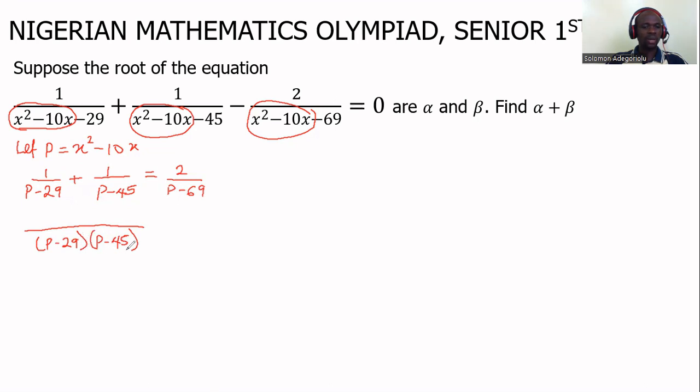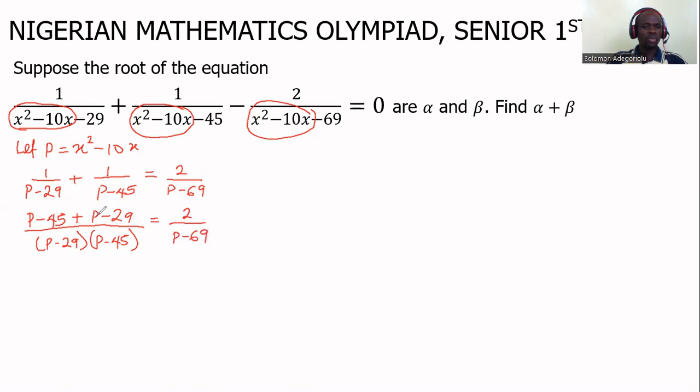It gives P minus 45, so multiply this by 1 and you have P minus 45. Plus here, P minus 45 in this will give us P minus 29, so this will be P minus 29. Then is equal to 2 over P minus 69.